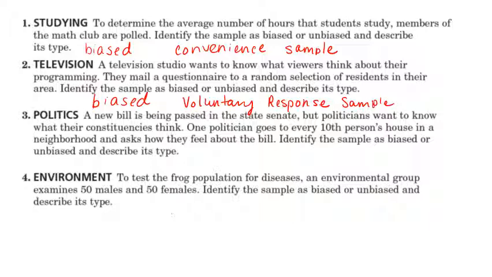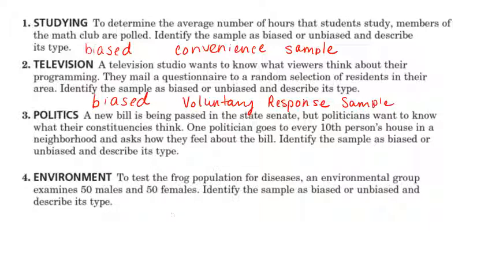A new bill is being passed in the state Senate, but politicians want to know what their constituencies think. One politician decides to go to every 10th person's house in a neighborhood and ask how they feel about the bill. Identify the sample as biased or unbiased and describe. So we have a person who has the list of their constituents and they're going to go to every 10th person on there. Okay, I'm going to go to this house, 1, 2, 3, 4, 5, 6, 7, 8, 9, 10, this house.